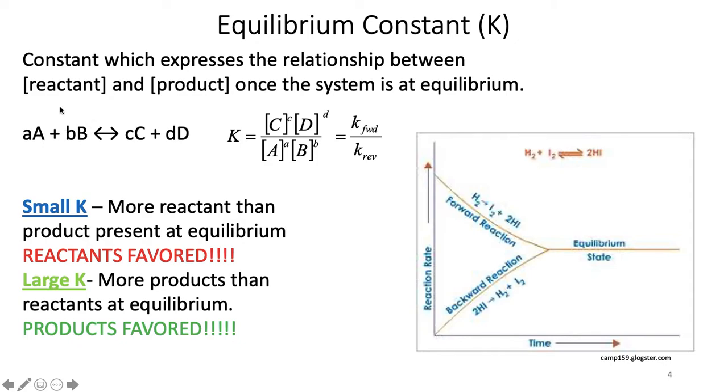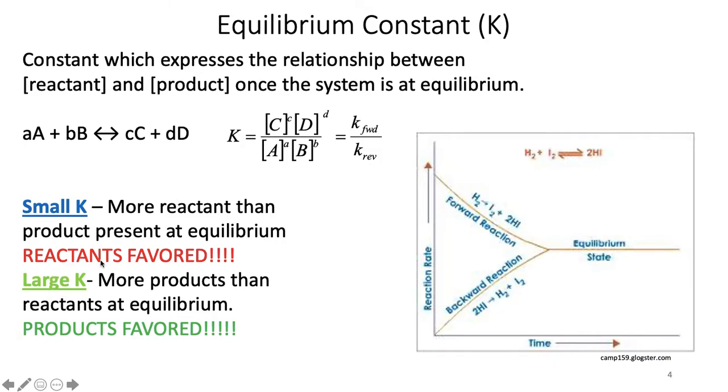My reactants like to be in their reactant state. They do not like to react much with each other to give me product. That scenario gives me a small number for the concentration of my product divided by a large number for the concentration of my reactants, giving me a K that is a small number.